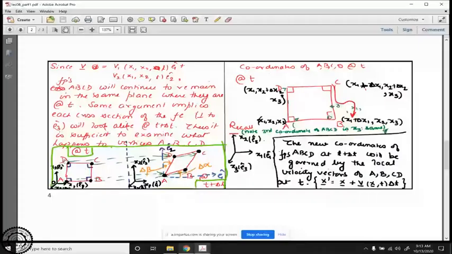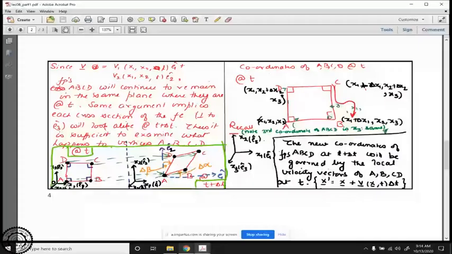So at time t, this is the situation. ABCD is a rectangle with delta x1 and delta x2 dimensions. Now at t plus delta t, every point of this cross section will translate according to its local velocity vector. So this will be the general picture.